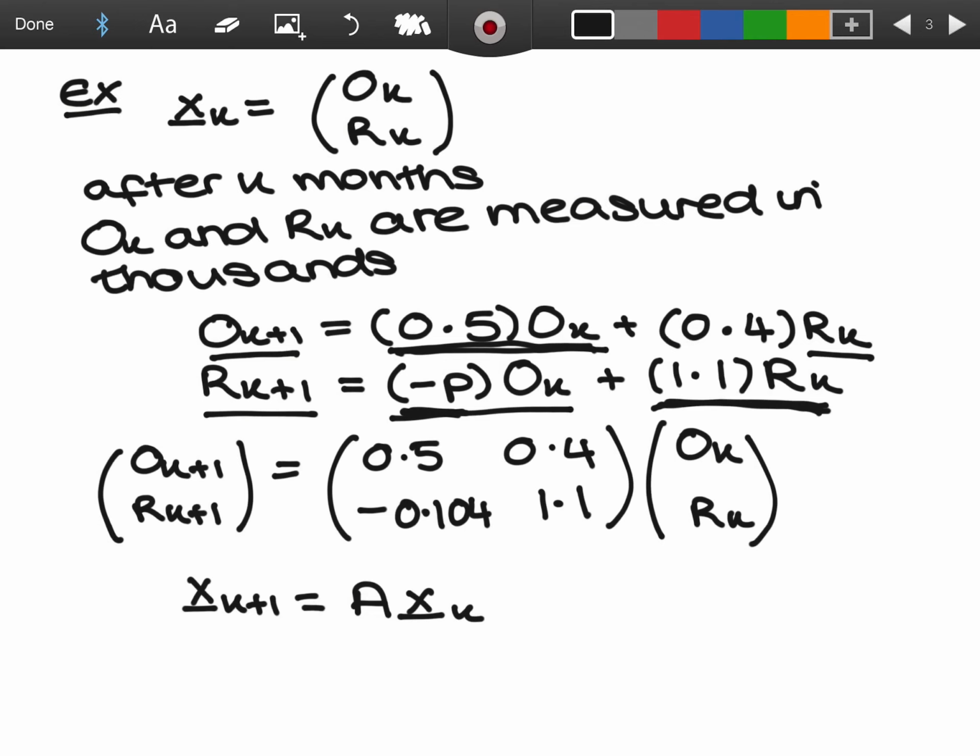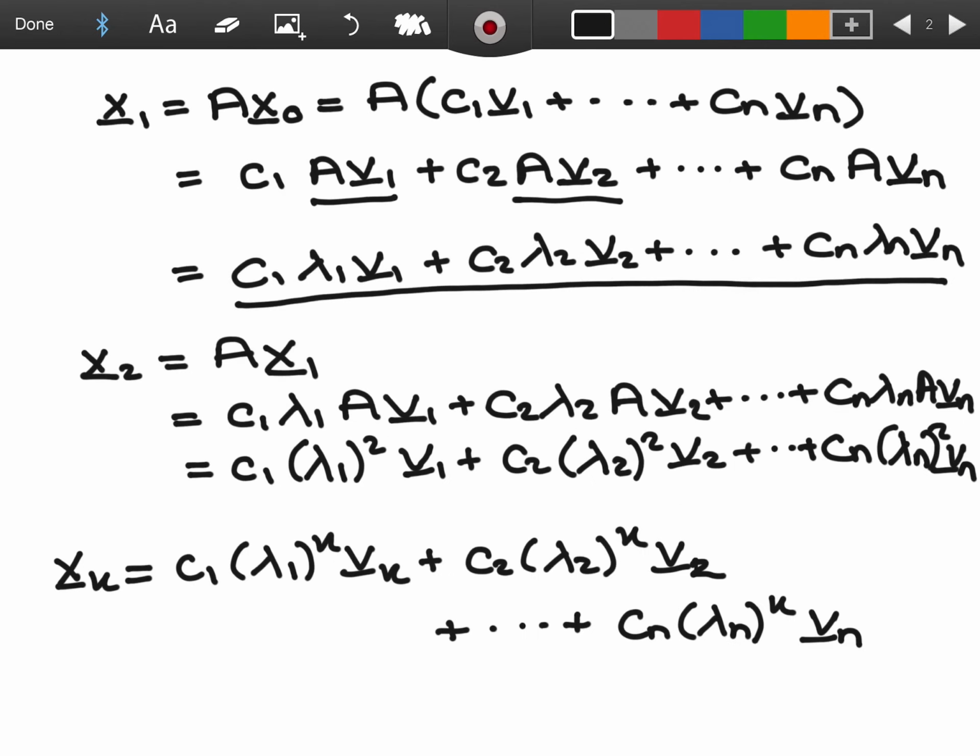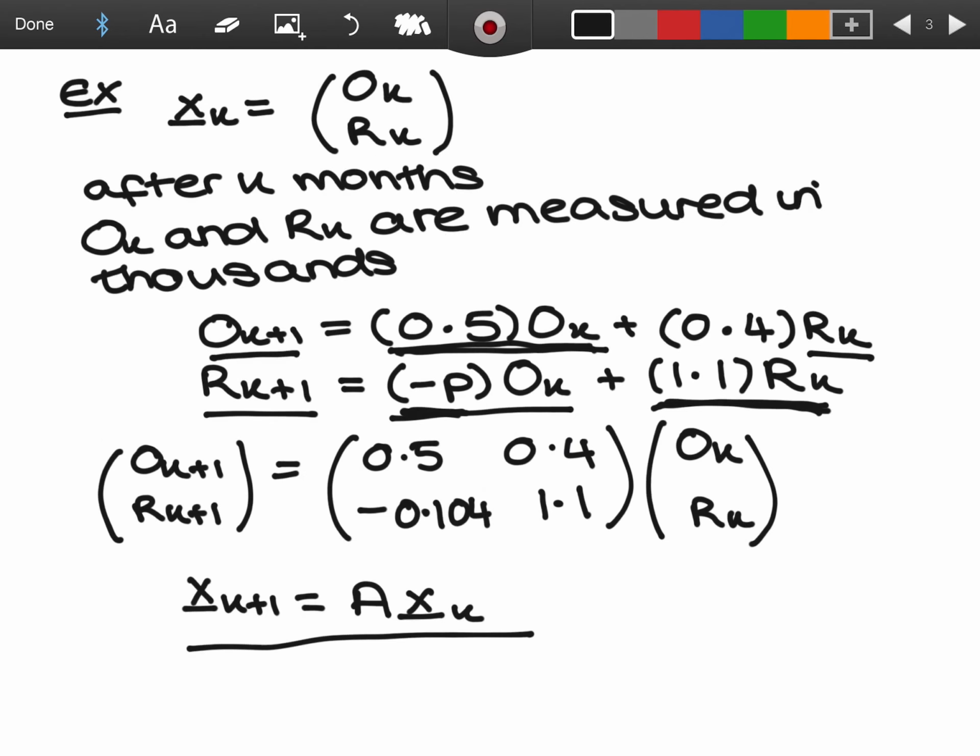When you do this, and this is where all of these problems go, they're going to relate this system back to what we did here, this equation here. And that's going to tell us what the long-term behavior of this system is. So in order to do that, you need the eigenvalues and eigenvectors of A.